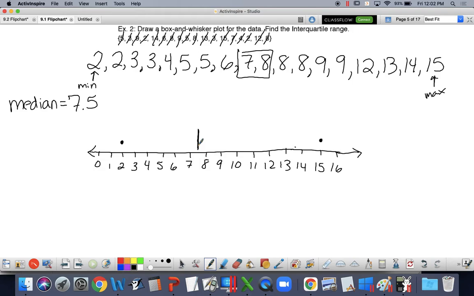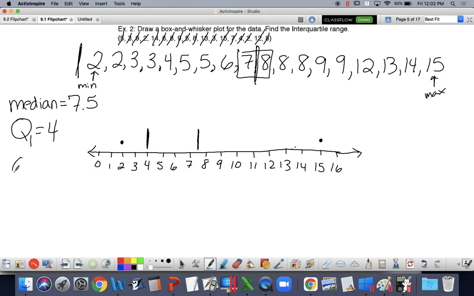Now let's find Q1. I'm only going to look at this half of the data here, and I'm going to find the middle of that data set there. Everybody get 4? So that is where my box ends down here, at Q1.